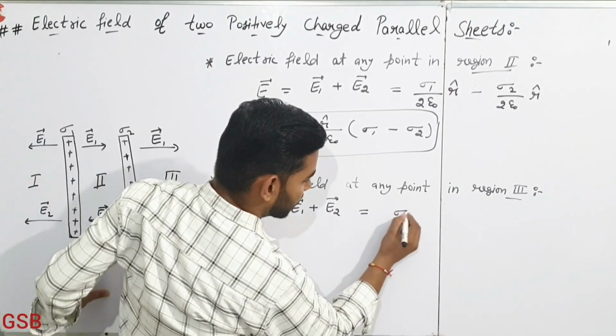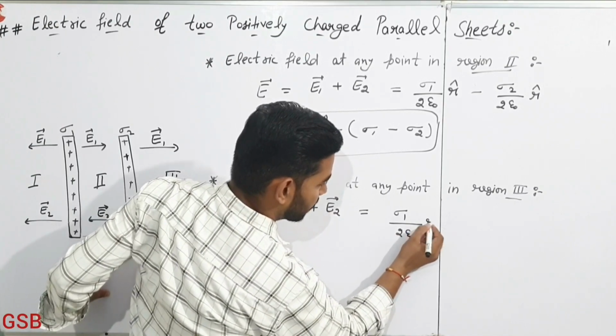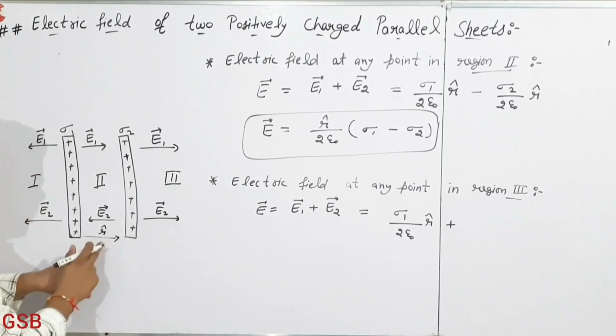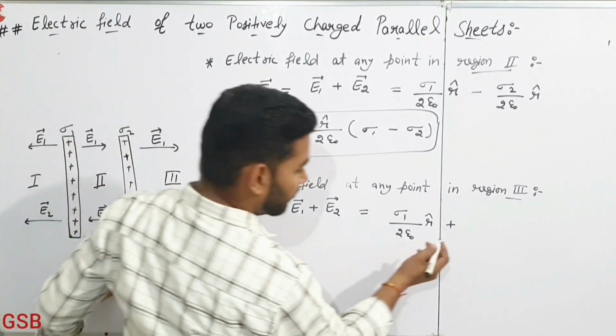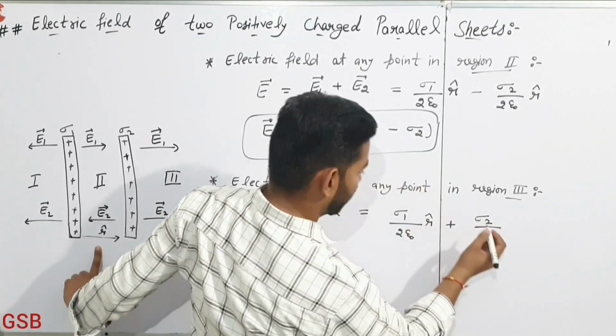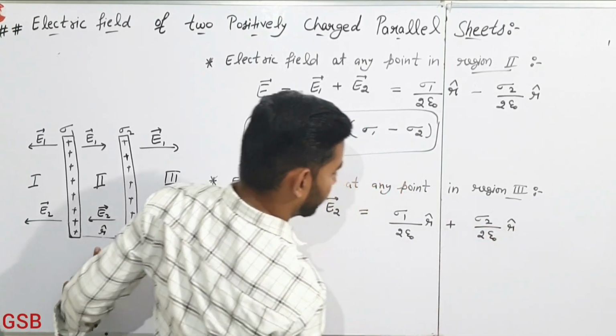So right there, sigma 1 by 2 epsilon naught R cap plus E2 is also in the direction of unit vector R cap. So sigma 2, surface charge density of second plate, 2 epsilon naught R cap.